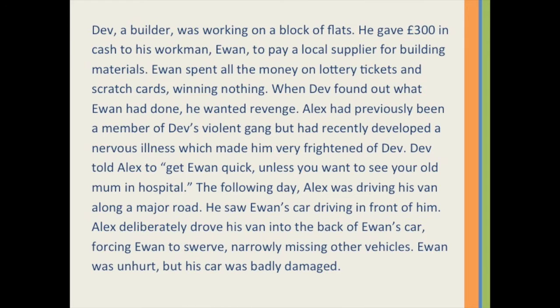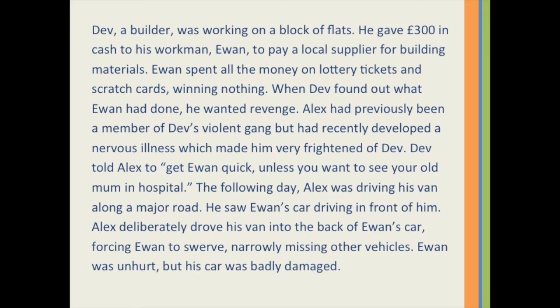Dev, a builder, was working on a block of flats. He gave £300 in cash to his workman, Ewan, to pay a local supplier for building materials. Ewan spent all the money on lottery tickets and scratch cards, winning nothing. When Dev found out what Ewan had done, he wanted revenge. Alex had previously been a member of Dev's violent gang, but had recently developed a nervous illness which made him very frightened of Dev.